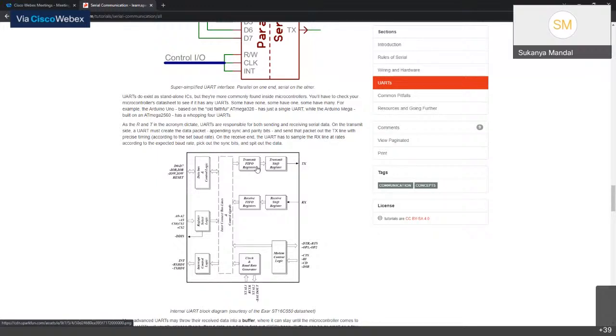Basically, Arduino Uno uses an ATmega328. Arduino Uno is the go-to board for starting any prototyping. If you are new to IoT applications, just buy an Arduino Uno board.